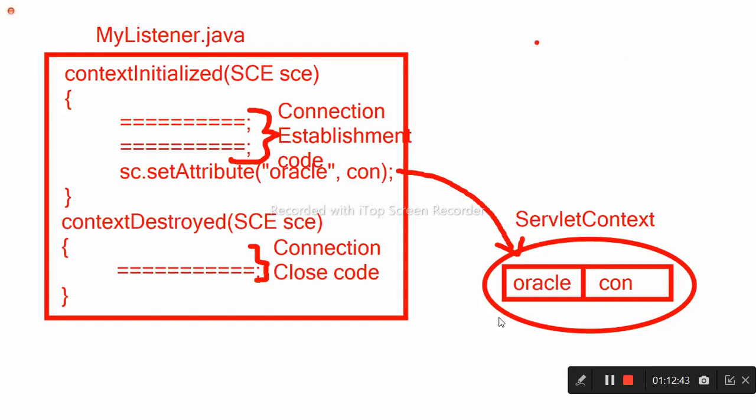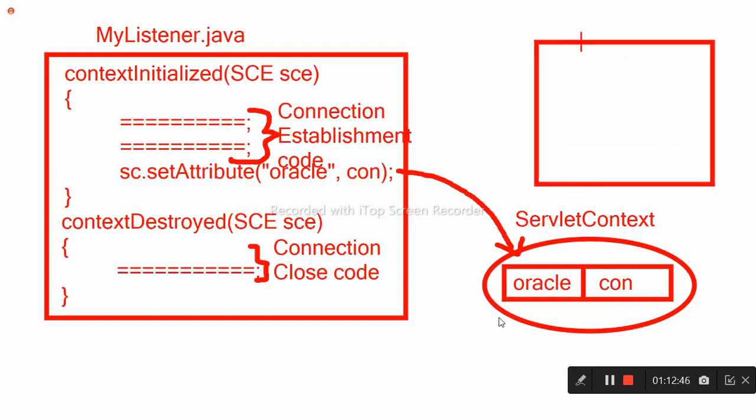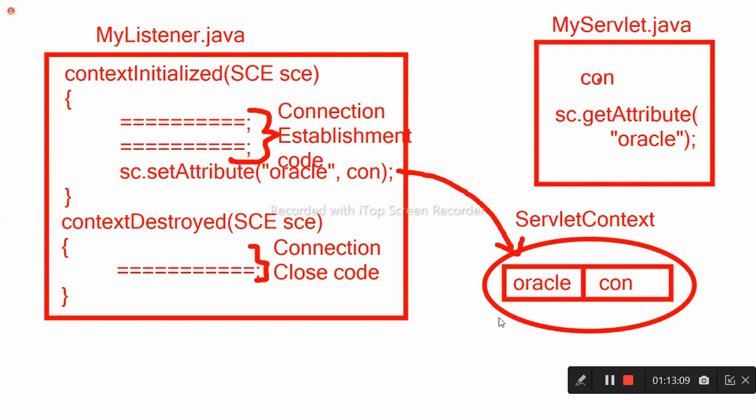That's why I'll write one separate program. Suppose it is MyServlet. Here I'll retrieve the connection using ServletContext dot getAttribute with the attribute name Oracle. Then you'll get the connection, so the connection reference is obtained. It is better, no? Whenever the application is deployed, this is executed and the connection is placed.